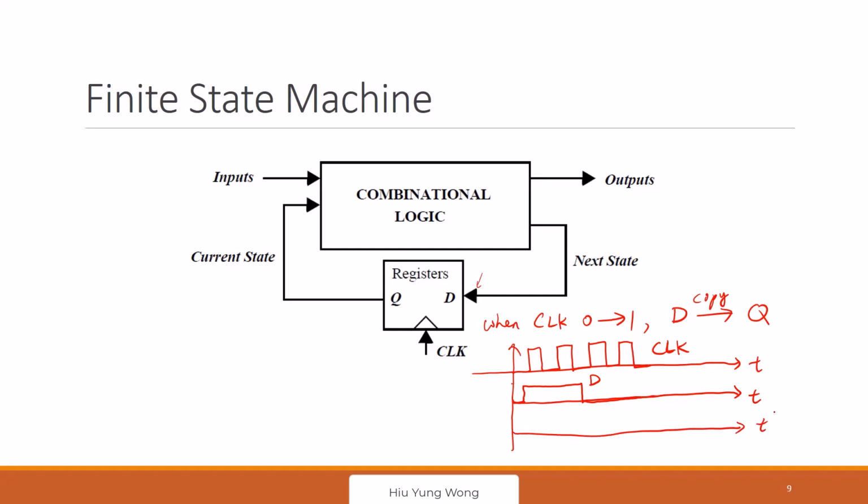According to the rule, when the clock goes from 0 to 1, we will copy. This is going from 0 to 1. This is going from 0 to 1. So whenever we see it goes from 0 to 1, we will copy.